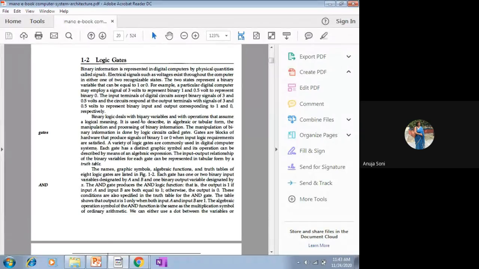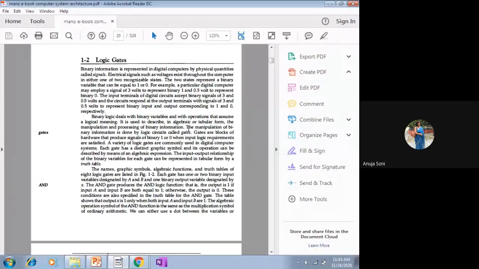Binary logic deals with binary variables and with other operations that assume a logical meaning. Whenever we talk about binary values, definitely we talk about their manipulation and calculation also, and some operations are applied on the binary values.